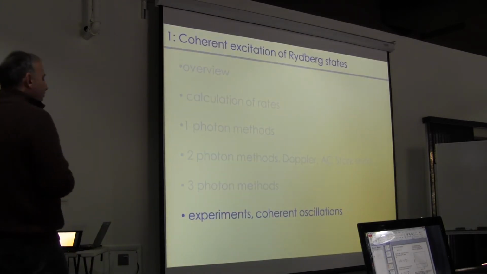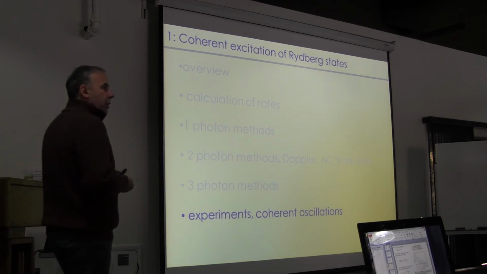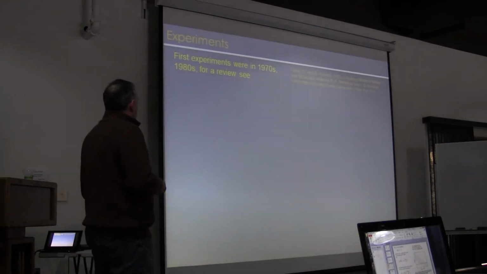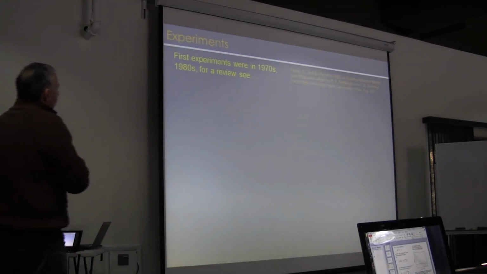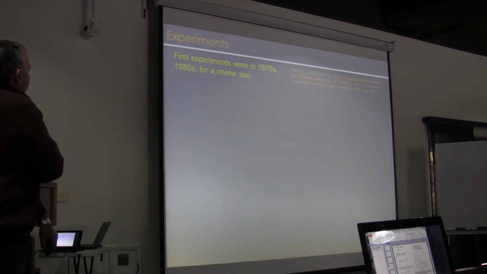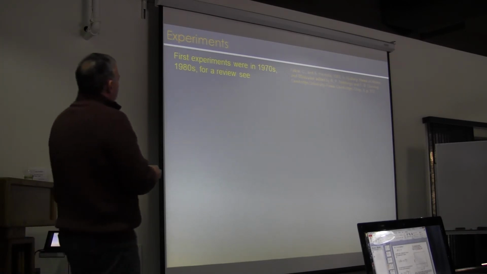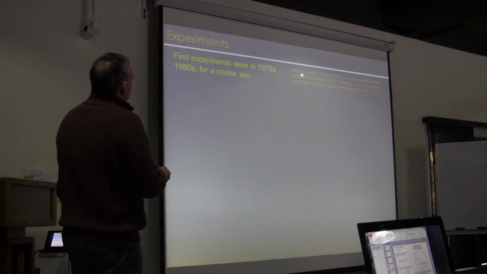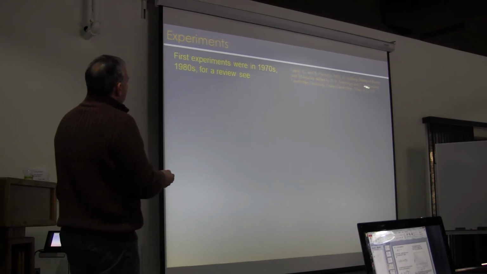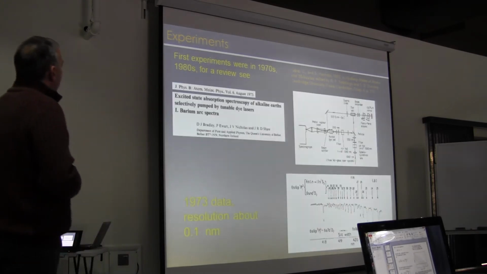So let me go through a couple of experiments that have been done showing coherent oscillations between ground and Rydberg states. The first experiments in optical excitation of Rydberg atoms, I guess, were from the 70s and early 80s. There's a nice review of earlier work in this by Roach and this book edited by Barry Dunning.